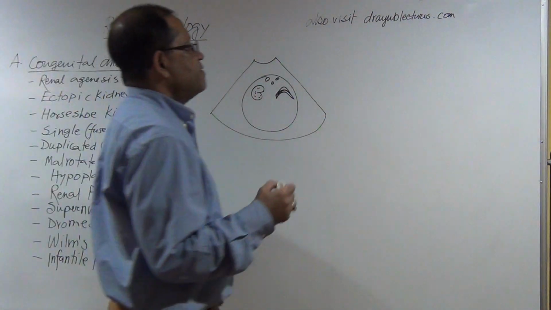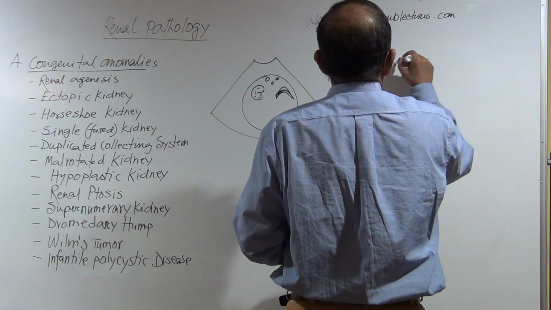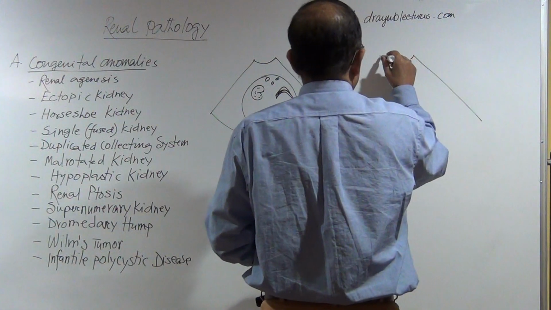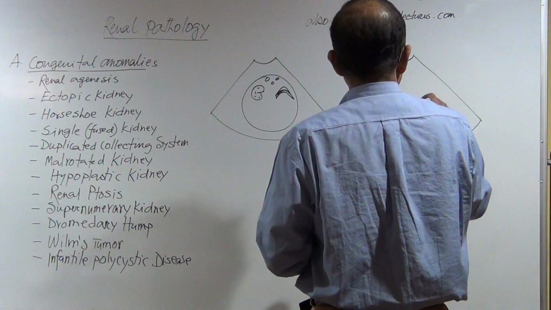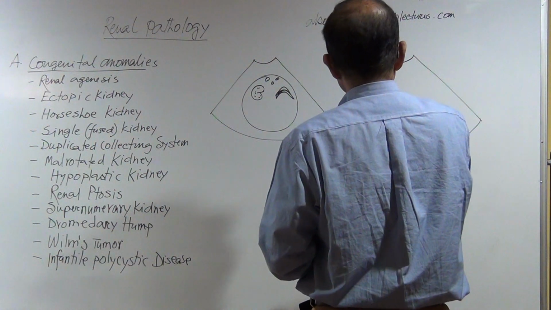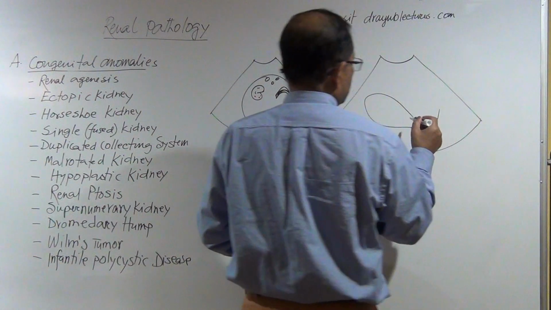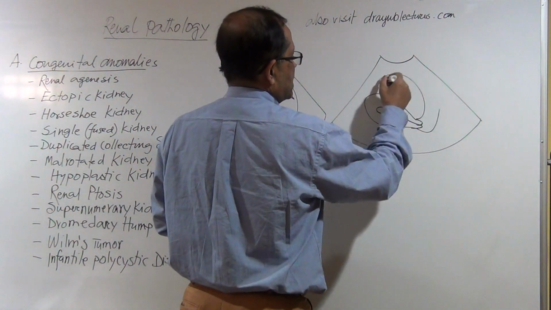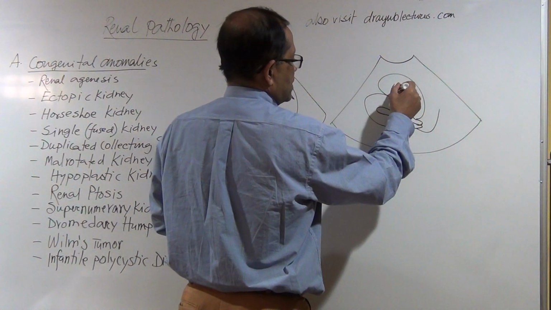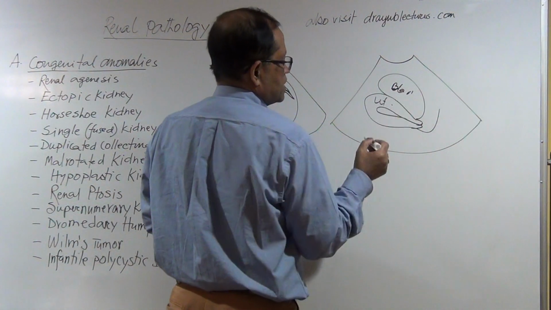In the pelvic cavity, how are we going to know if it is a male or female? Doesn't matter. If it is a female, you will see there is a uterus. There is a bladder over here. This is bladder. This is uterus.